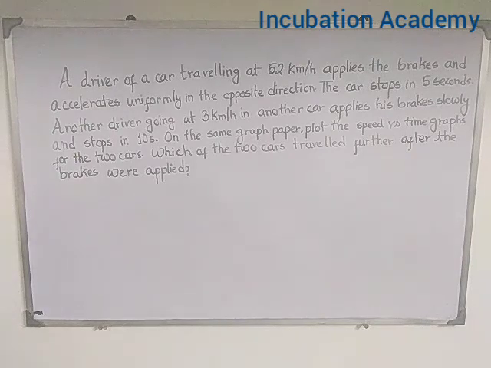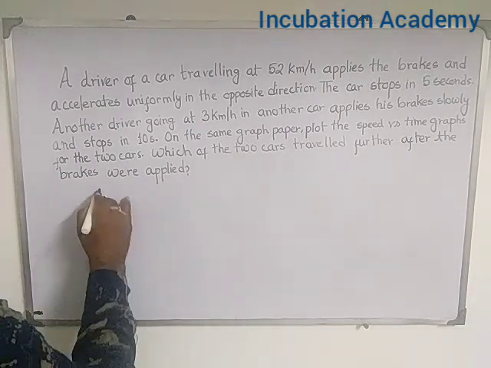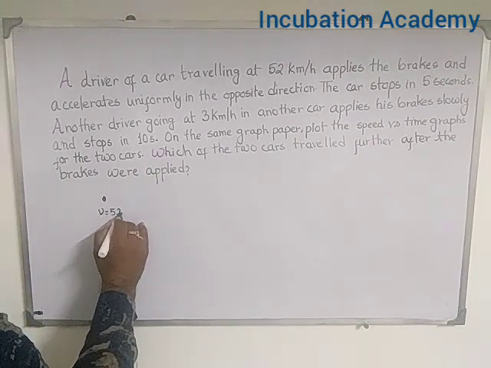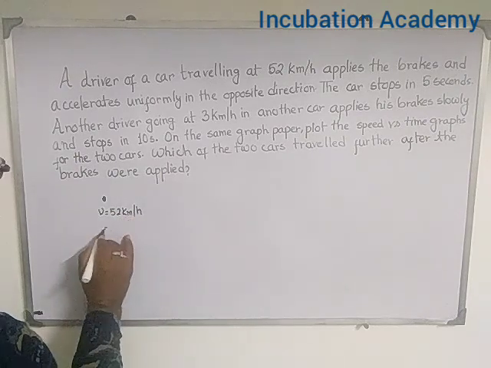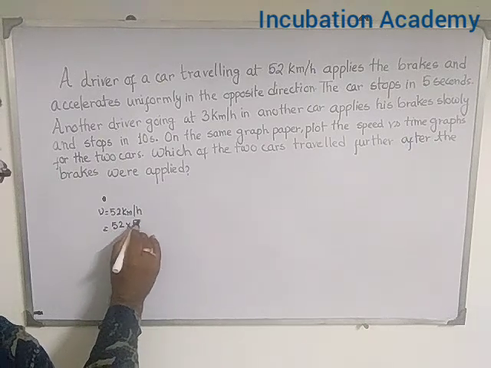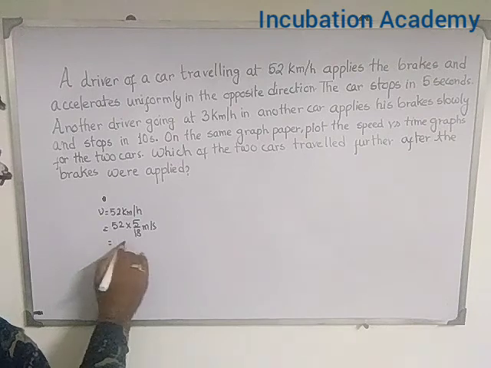So let us try to draw a diagram. Let us say this is the car. Its velocity here is 52 kilometer per hour. So 52 into 5 divided by 18 meter per second.